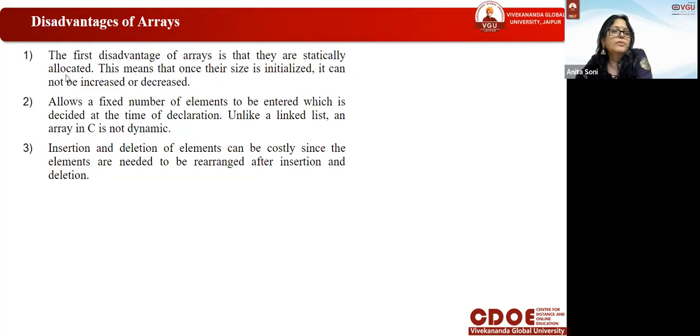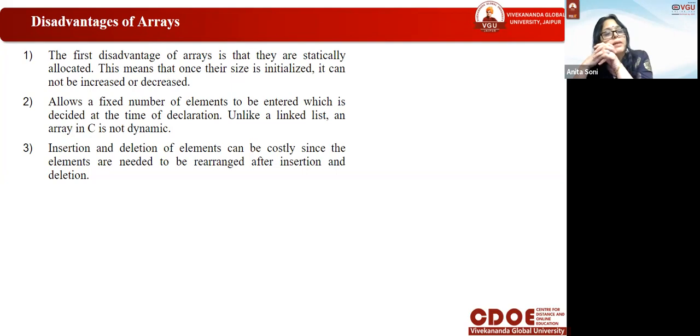Now, a disadvantage of arrays: the size of an array is fixed. Once it is declared, it cannot be increased or decreased. Like you will see in dynamic data structures, we have the linked list. A linked list is dynamic in nature. Dynamic in nature means as much as you want to grow the linked list, that much you can grow it.